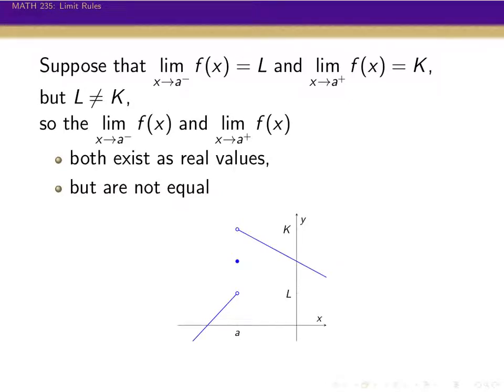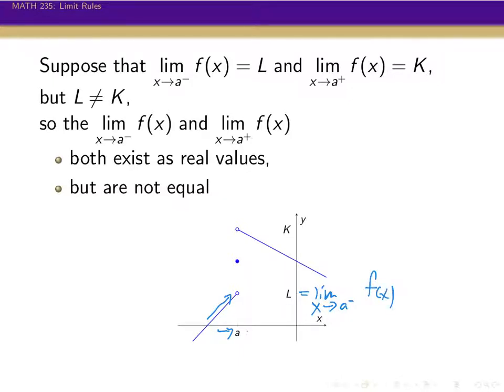Here's an example of what we're talking about. The limit on the left as we go to a, the function is going to this value L. So L here is equal to the limit as x goes to a from the left of f of x.